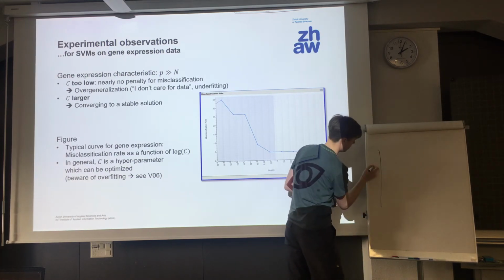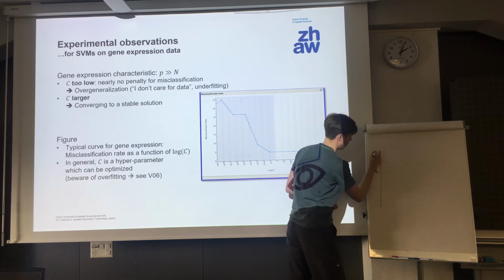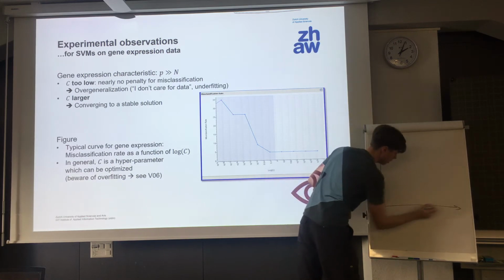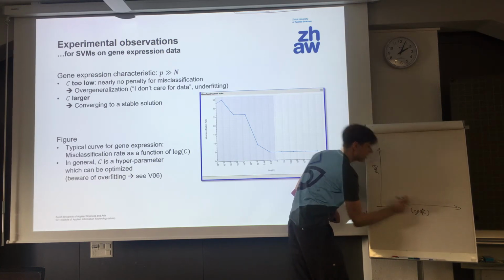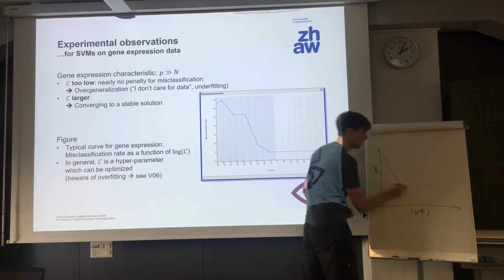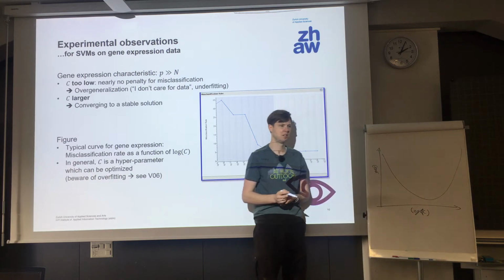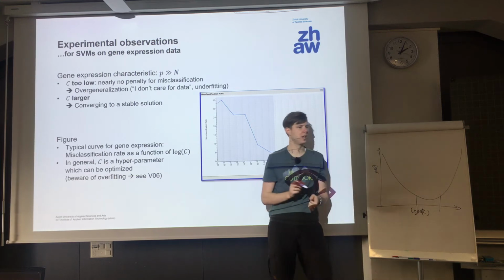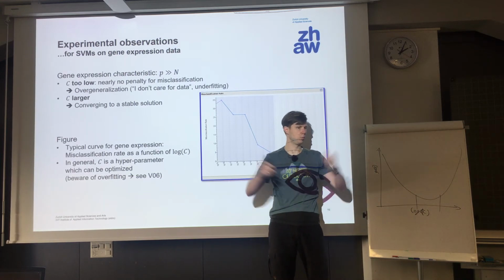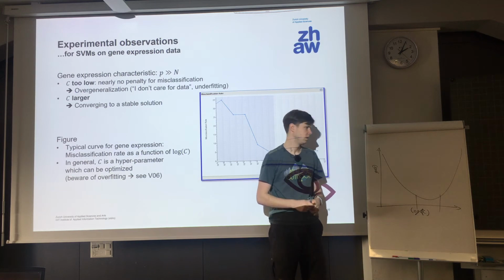I mean, if this plot looks something like, so you have here somehow your error, and here you have your log C. And if that thing somehow looks like this, then I would take this area and redo the experiment with a larger data set probably.